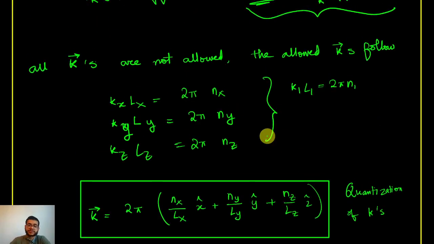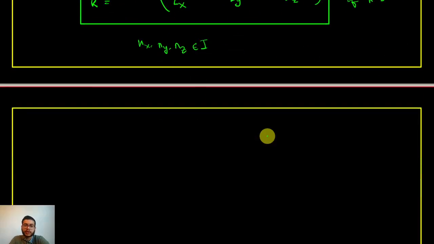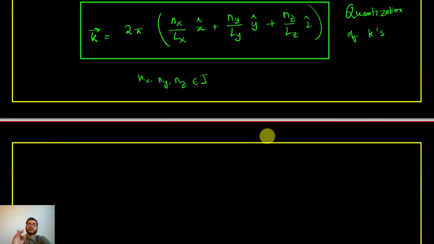This was the same relation we got from the Laue condition, and we also got it indirectly from Bragg's law. So this condition is very well known to all of us right now. Now we can make a grid of these k's.